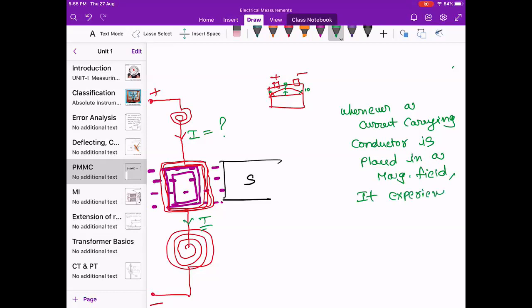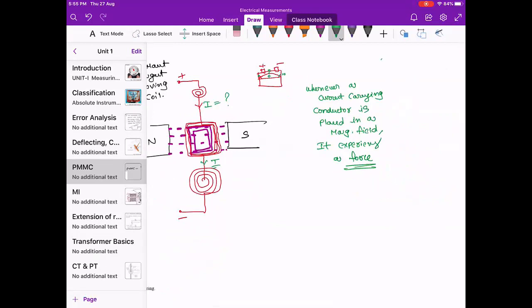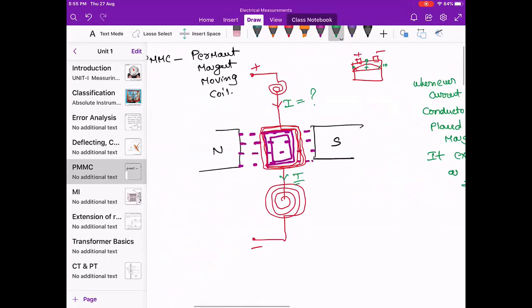That force is very important. This is known as Faraday's laws of electromagnetic induction. Now see what happens if this is positive and this is negative. That is the first scenario.